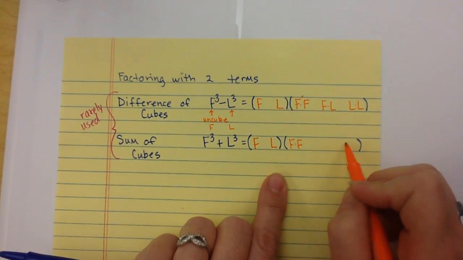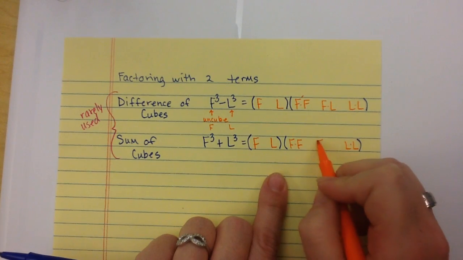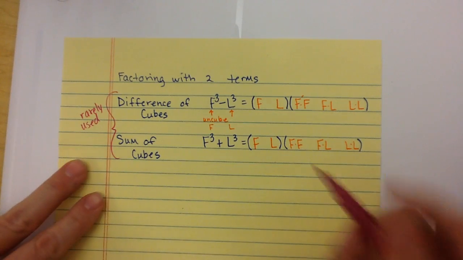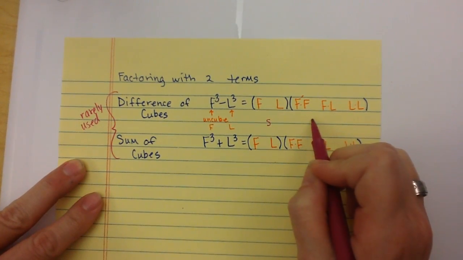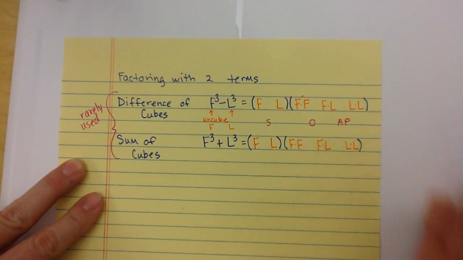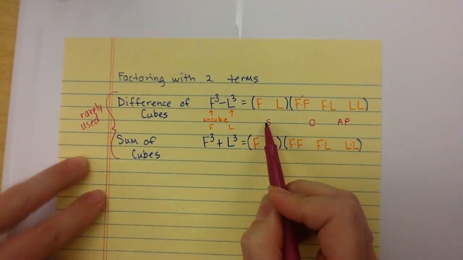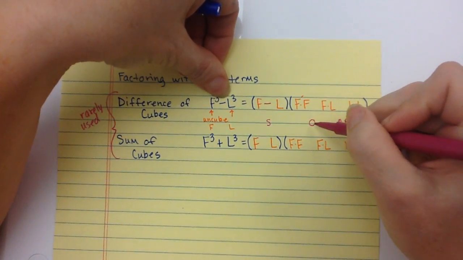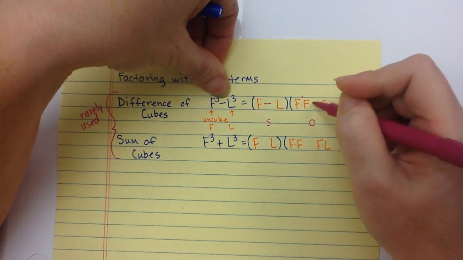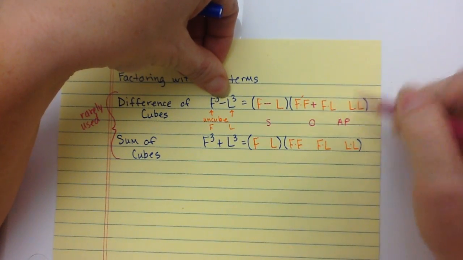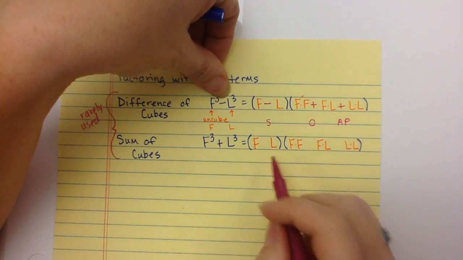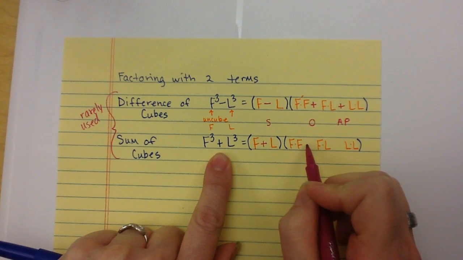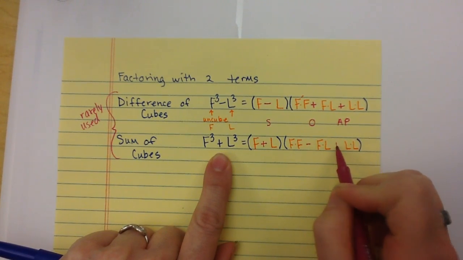And then remember that we fill in the signs with SOAP, S-O-A-P. The S stands for the same sign as the problem, so this one is negative. O stands for the opposite sign of the problem, that one's positive, and AP is always plus. So in sum of cubes, same sign, plus, opposite sign, minus, and then always plus.